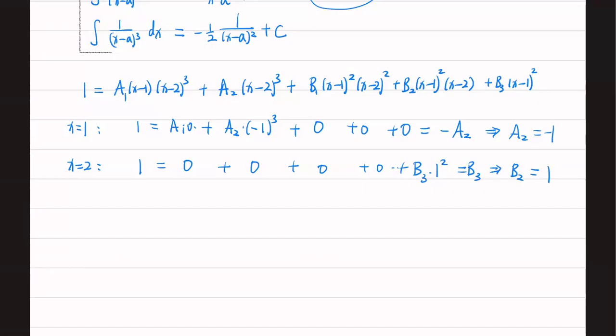Okay, so we found 2 terms. How do we find the rest of these, A1, B1, and B2? We already used the 2 values.